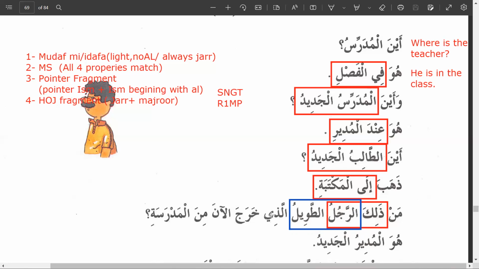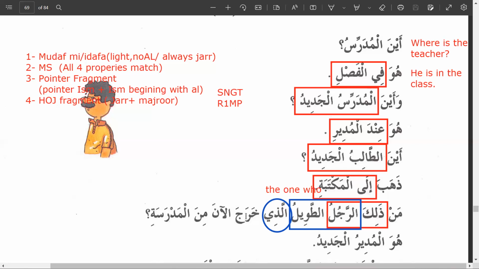Now this allazi is a new word. This allazi means the one who. Okay. It means the one who. So this is a new word.